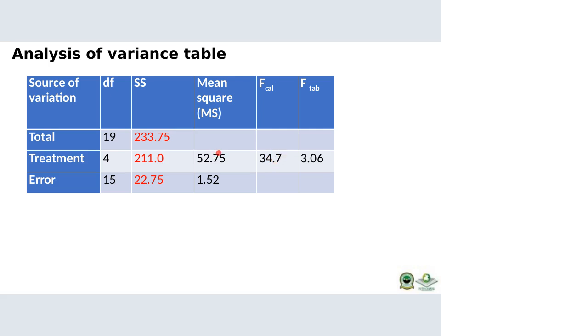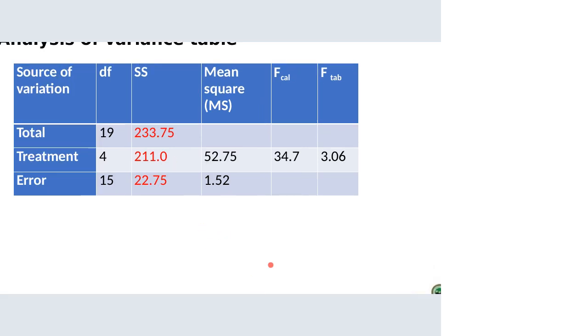Remember, the standard practice is that this particular experiment is carried out at the critical significance level, the critical F alpha value, of 5%, 0.05. So we'll now go into the F table to find out the F tabulated.